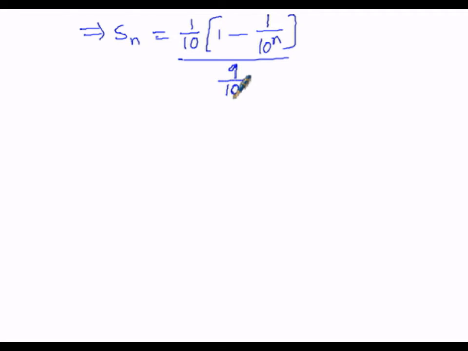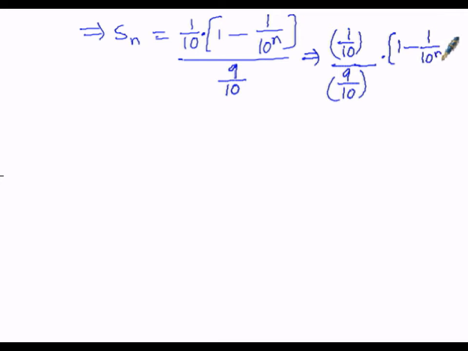It is in the form of a by b, so here it is a multiplication. So I want to write it as 1 by 10 overall divided by 9 by 10 multiplied with the bracket 1 minus 1 by 10 to the power of n. So here it is in the form of a by b divided by c by d. We can cancel the denominators, or in other words we can write a by b divided by c by d as a by b into d by c.